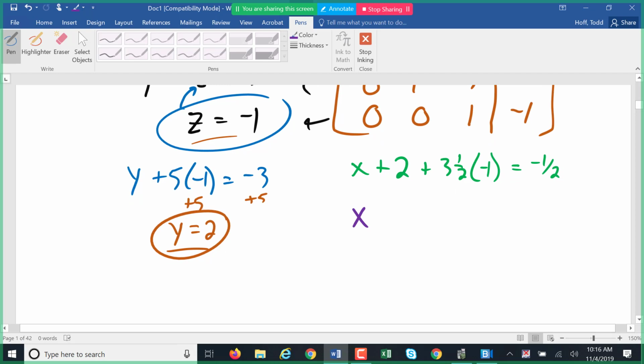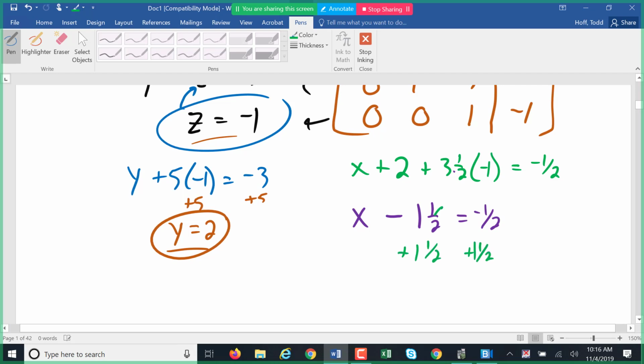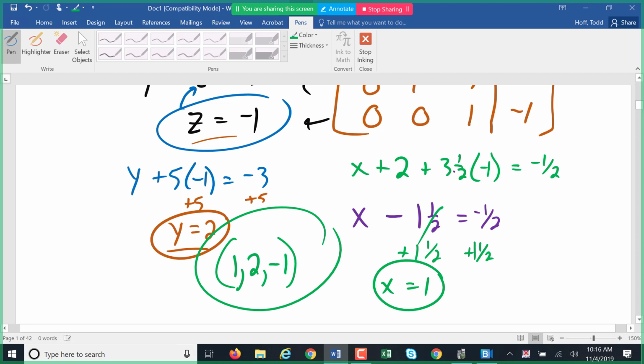So 3.5 times negative 1 is negative 3.5, plus 2 is negative 1.5. If I add 1.5 to both sides, I get that x equals 1. So x is 1, y is 2, z is negative 1. That's the solution to that system of equations.